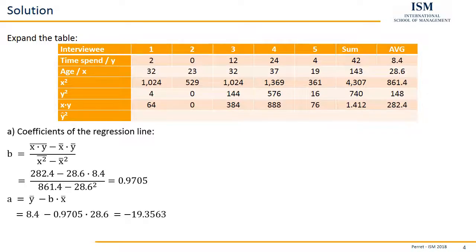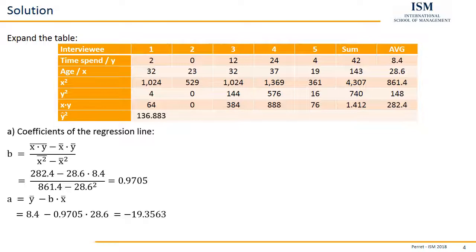So what we're going to do here is, for example, for the first one, take 32 times 0.9705 minus 19.3563. This result is then squared and gives us in total 136.883.